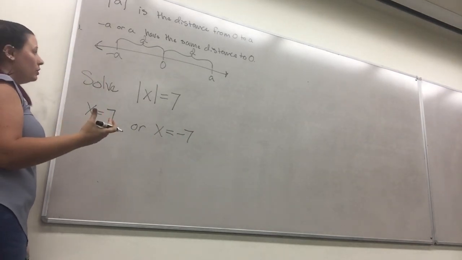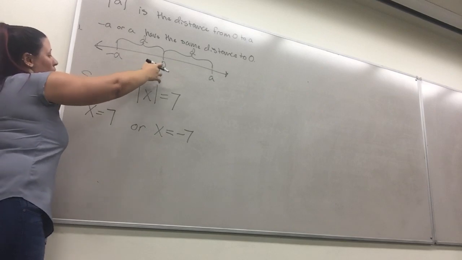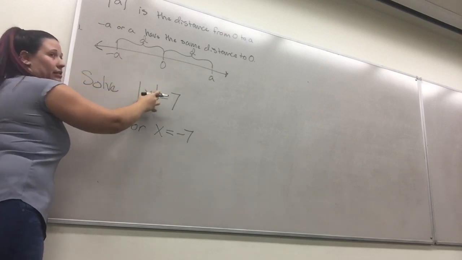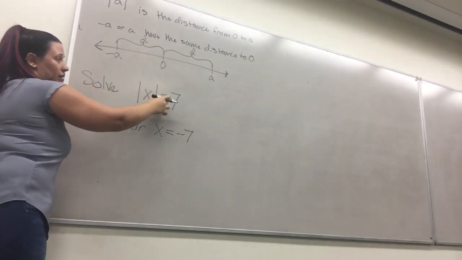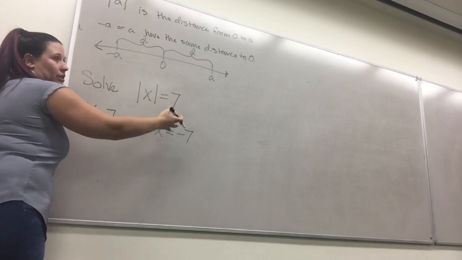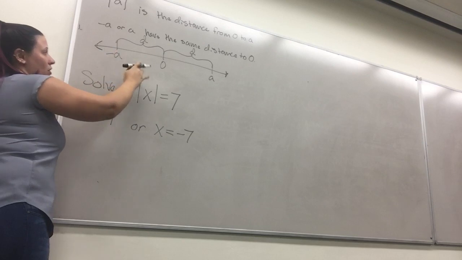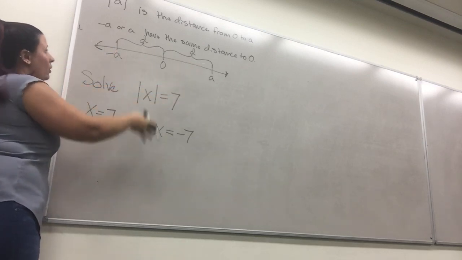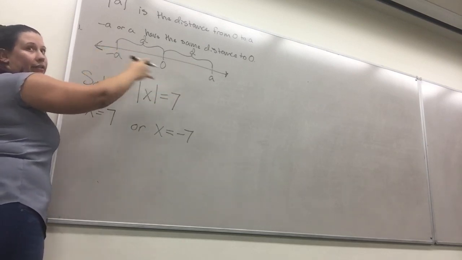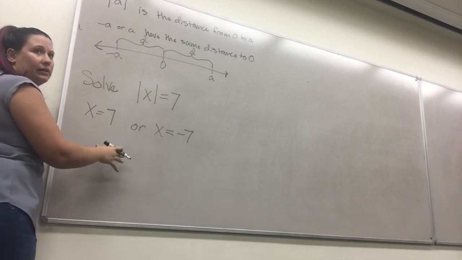Now, all we're saying is the distance is 7. So that just means the inside could equal negative 7 or positive 7. It's just going back to this negative A or A, okay?